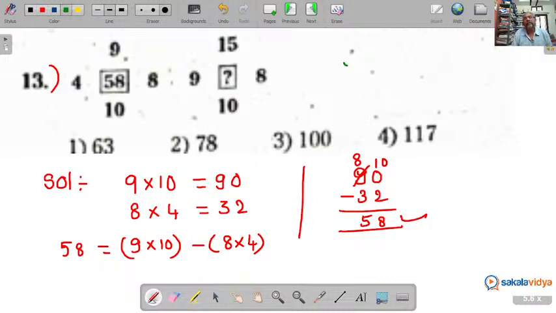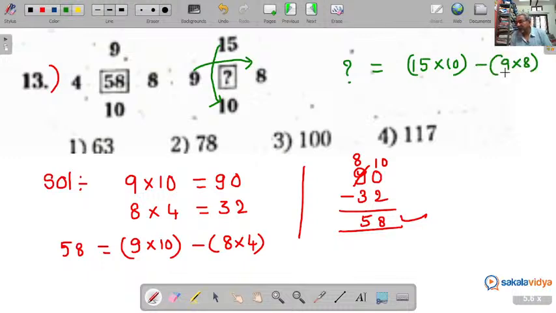The question mark is equal to 15 times 10 minus 9 times 8. These two numbers are multiplied and these two numbers are multiplied. So we need to subtract the product of 9 into 8 from the product of 15 into 10.